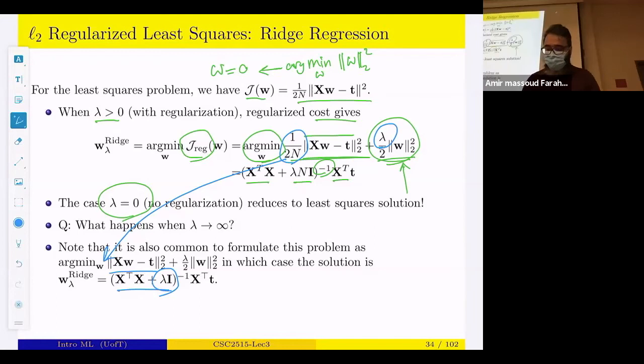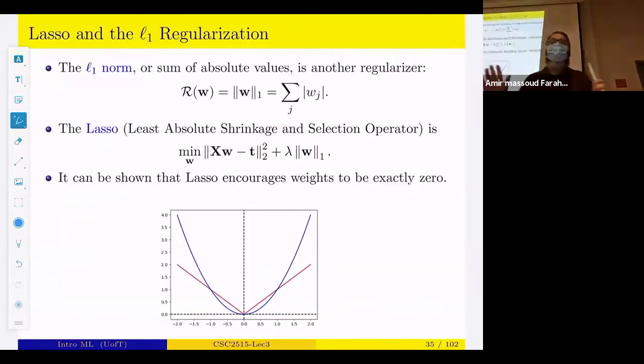Okay, so L2 norm, or squared value of L2 norm, is one choice of regularizer. Another choice of regularizer is L1 norm, which is the sum of absolute values of weights.